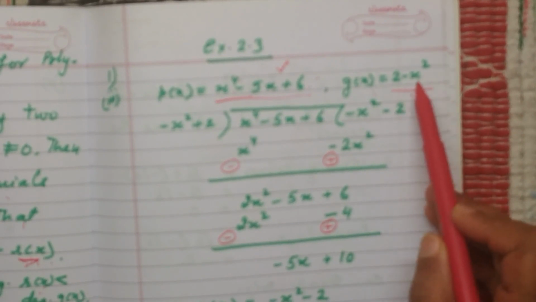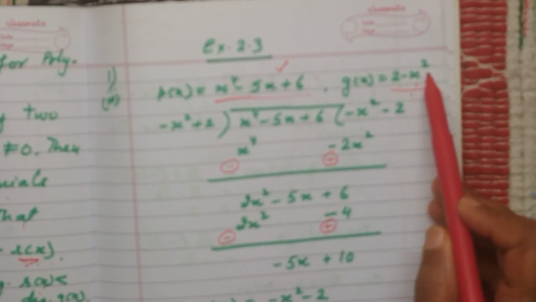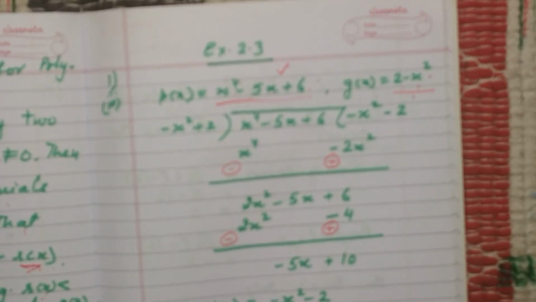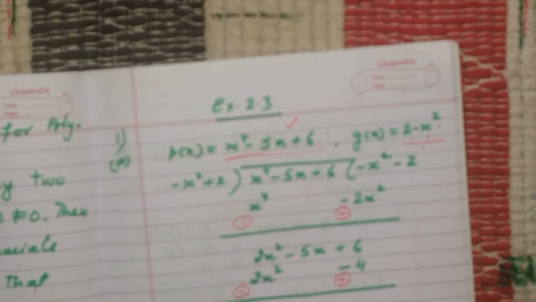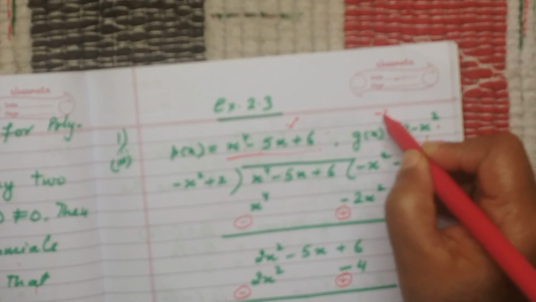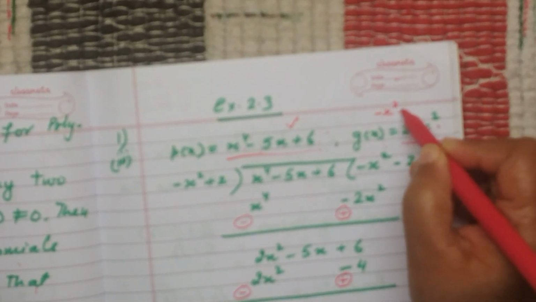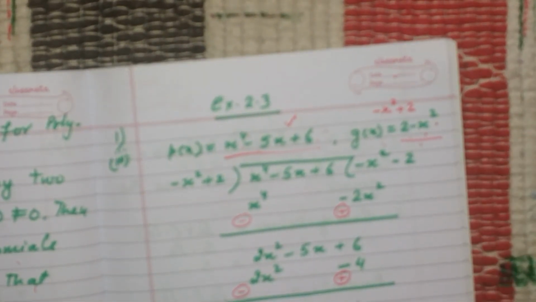The term with the highest degree is minus x square, so this should come first. So I need to rewrite this divisor, and if I rewrite it, it will be minus x square plus 2. So now this divisor is in the standard form.